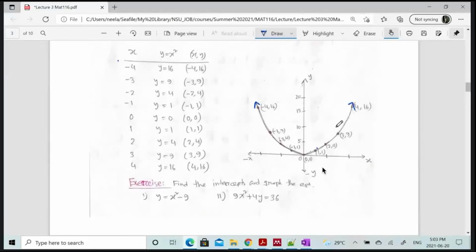Because you can just keep going, say for example, in the positive side, but you don't care about what's happening in the negative side. And if you don't do it, then you won't be able to understand what the graph of y equal to x squared is. And that's where the technique for intercepts and symmetry comes in.